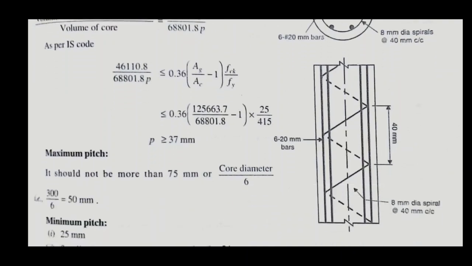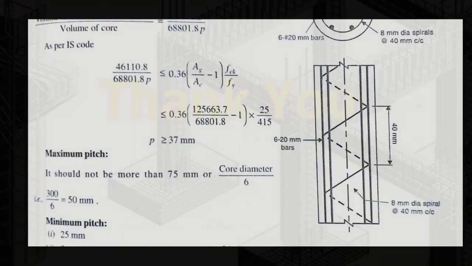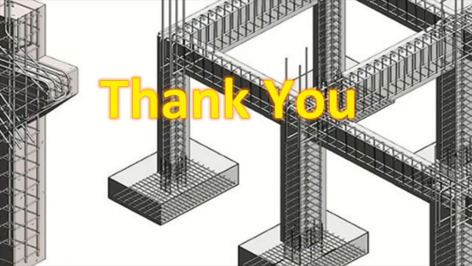To better understand the spiral reinforcement arrangement, spiral reinforcement arrangement is like this, and pitch distance, the 40 mm, is calculated like this. So here the design of short column, axially loaded short column with helical reinforcement is complete. That's all for this lecture. Thank you.